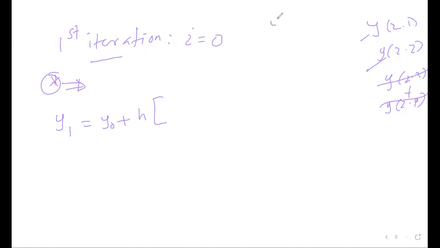In the initial point, y naught is equal to 3 and x naught is equal to 2, so we can substitute rather than writing again. You just put i equal to 0 in this equation. I'm just going to write the last one. For y naught, I can substitute 3. Again, for h, I can put 0.1, times.